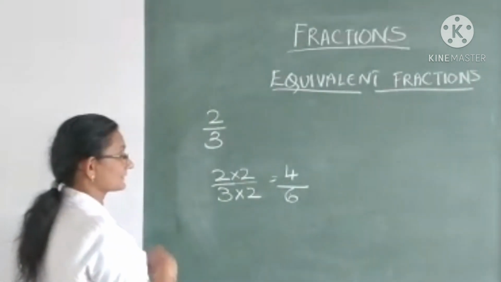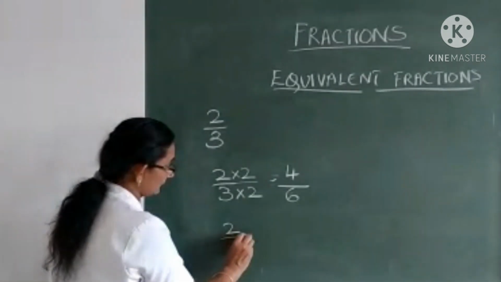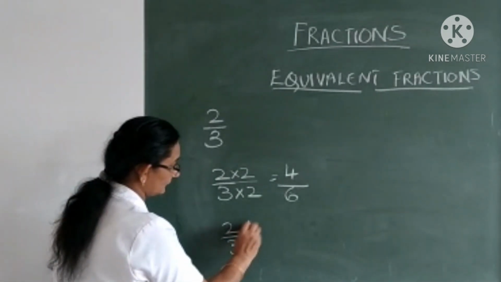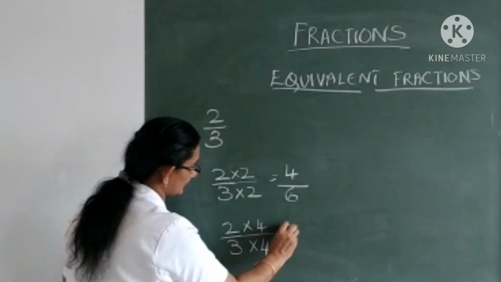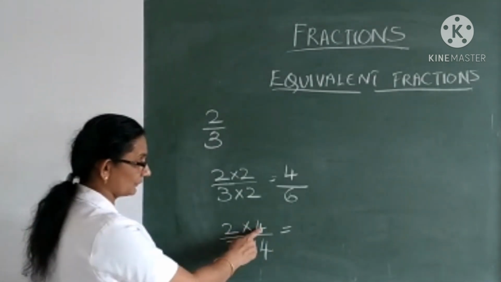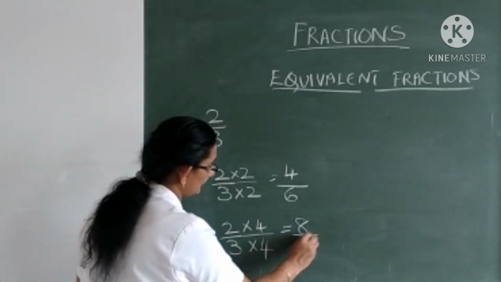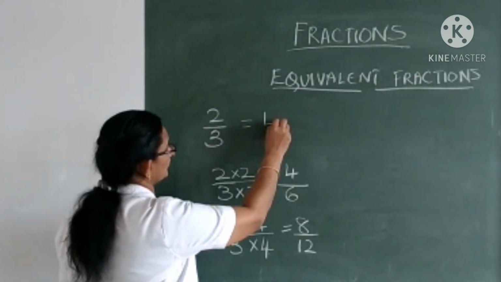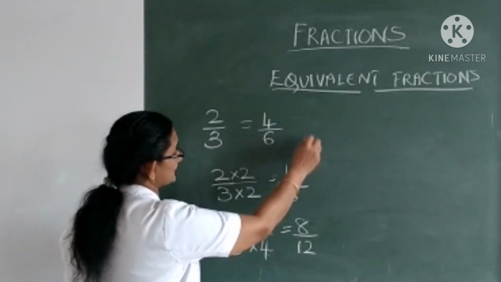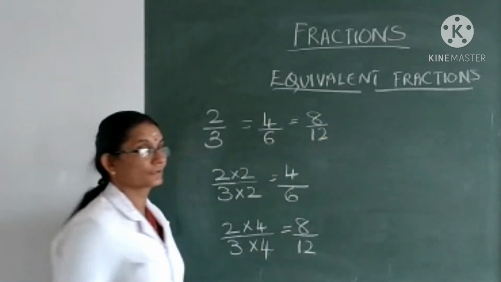Next, let me find one more equivalent fraction for 2 by 3. 2 by 3 multiplied with 4 in the numerator and denominator. So 2 into 4 is 8 and 3 into 4 is equal to 12. So the equivalent fractions for 2 by 3 are 4 by 6 and 8 by 12.